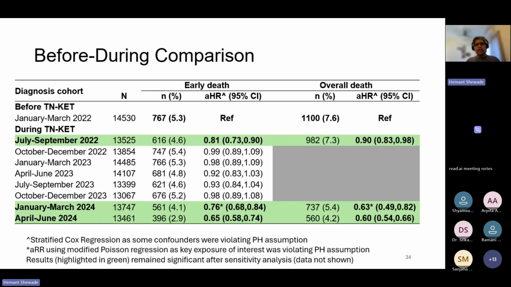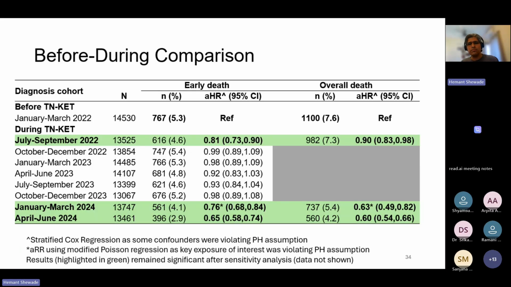What did we see? Let us look at the early deaths first. When compared to a baseline early death of 5.3%, in the July to September 2022 quarter, there was a significant 20% reduction in early TB death rate, which was not sustained in the next 5 quarters. And then from January to March 2024 onwards, we saw that the TB death rate reduction was significant. This is basically a reflection of what we saw in the implementation part of my presentation.